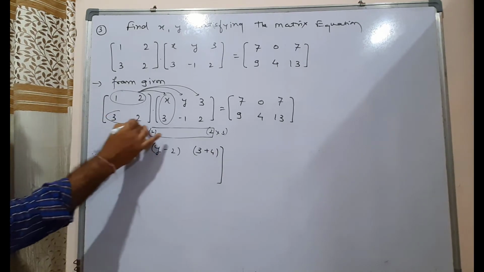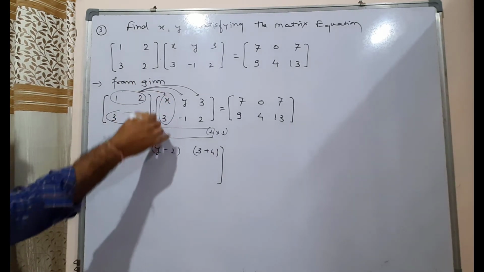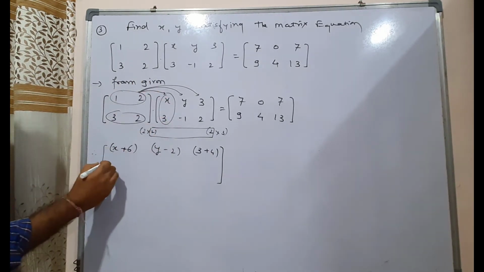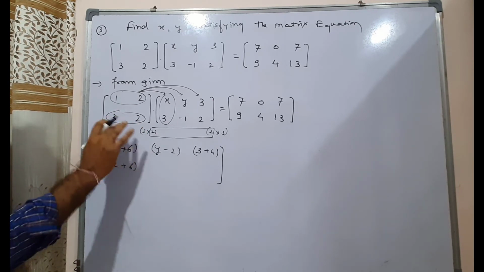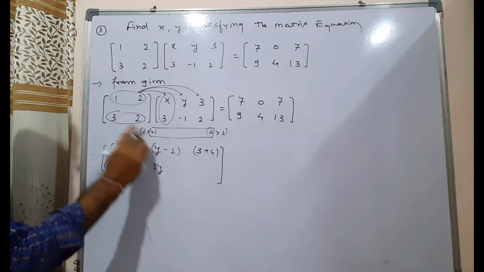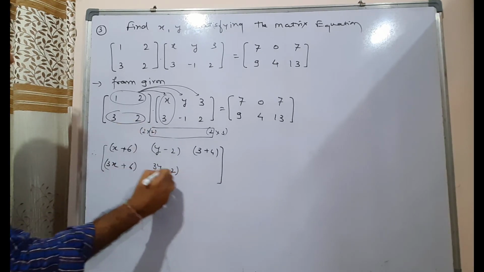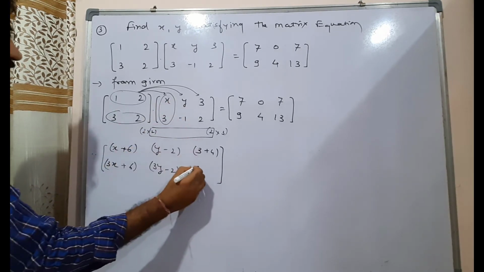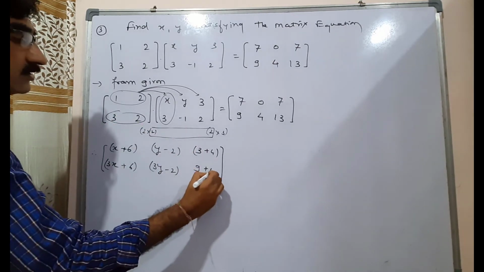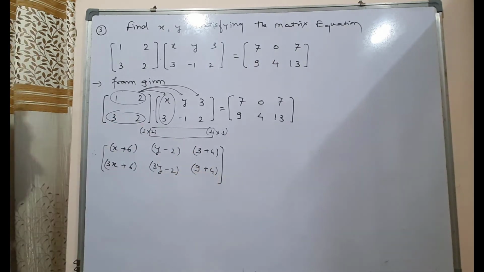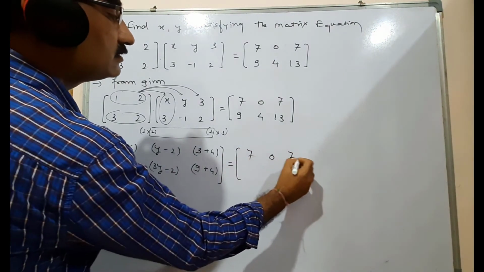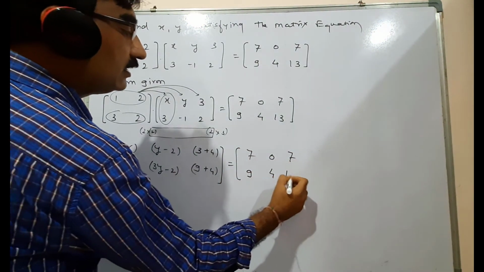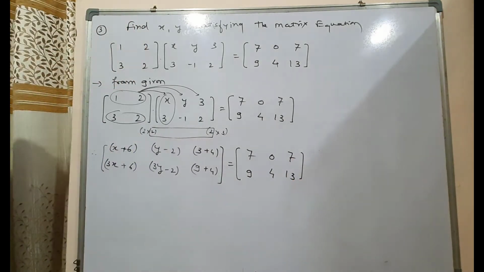Then again this row and this column, 3 into x, 3x, plus 3 into 2, that is 6, 3 into y, that is 3y, minus 2, 3 into 3, that is 9, plus 2 into 2, that is 4, is equal to 7, 0, 7, 9, 4, 13.